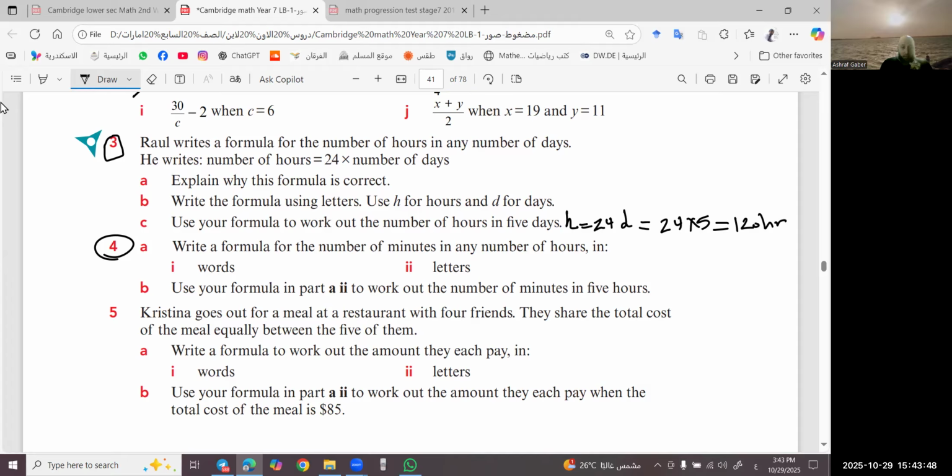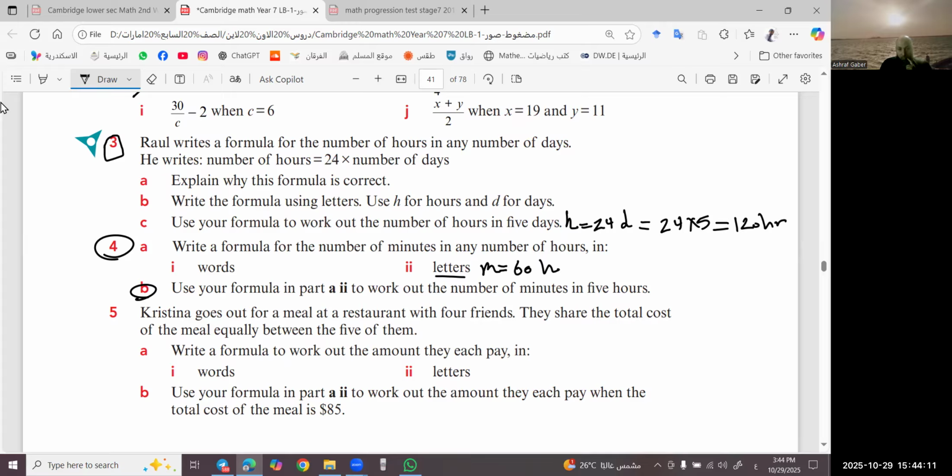Oh, I just said it in letters, and write it as the letter M. In words, I would say the number of minutes equals 60 multiplied by the number of hours. So in letters, we can write M equals what? Equals 60H.